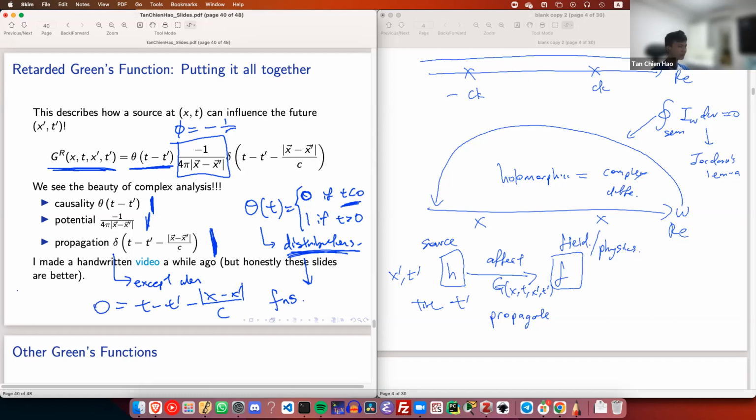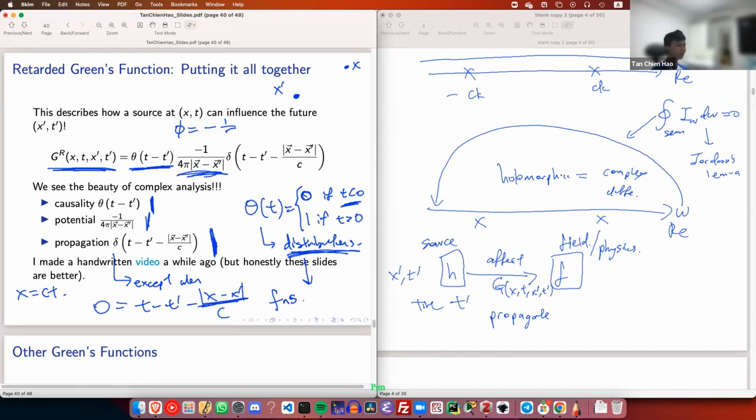This just tells us basically x equals ct. The difference in position, if my source was here, my source is x prime, and my measurement is x, then it will only see this potential value.